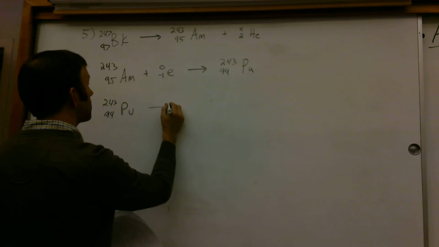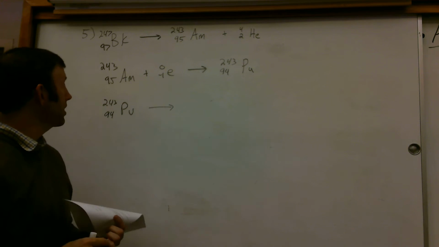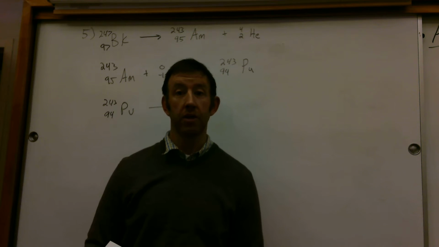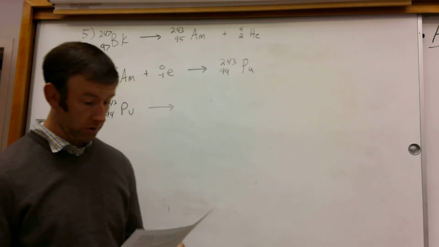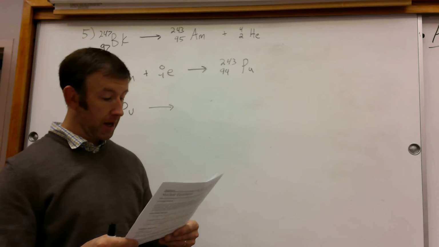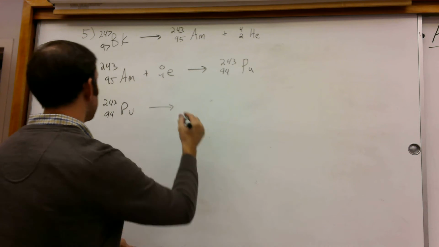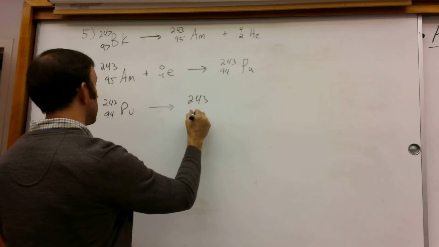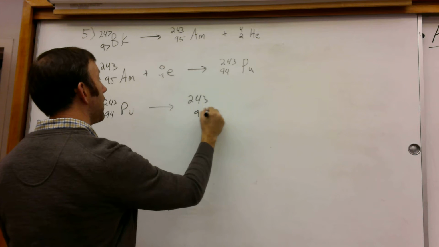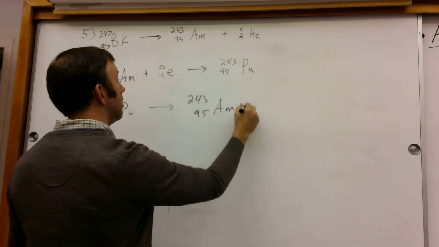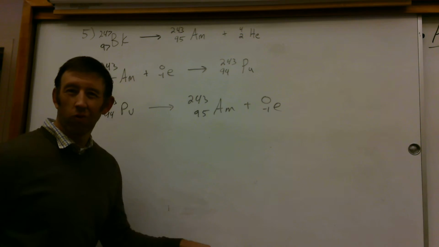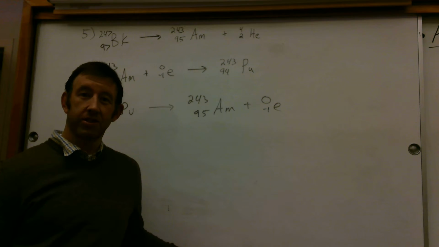So in this case, what's going to happen with the beta decay, right? I am going to increase my number of protons by 1. Okay? So I'm going to go back to 243. This changes to 95 Am plus 0 minus 1 e.